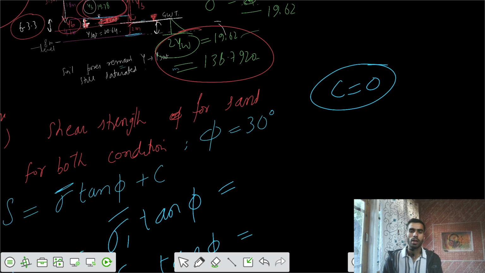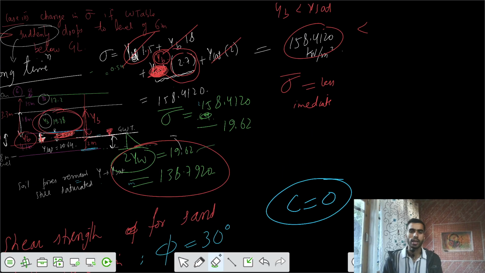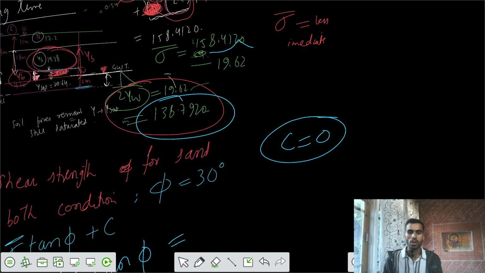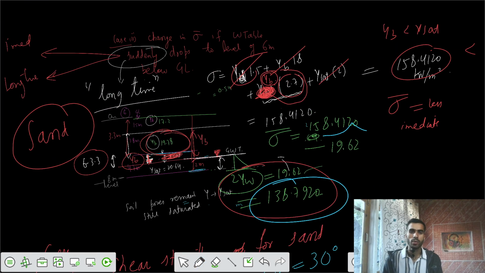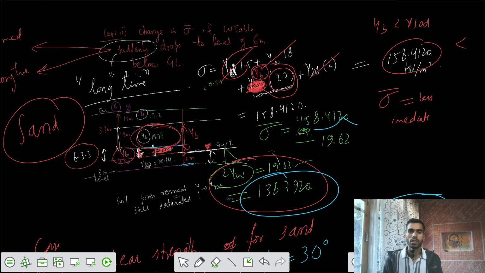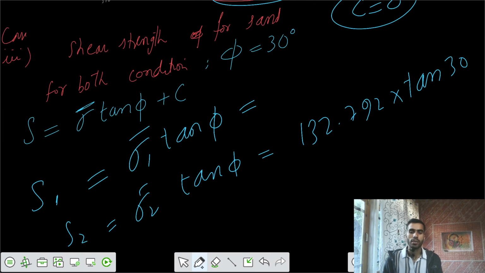So what is the value of sigma in the second case? Effective stress, that is 132.792. So we write that for the second case into tan of 30. And in the initial case, what was the value of sigma dash? That we have also calculated first in case number 1.